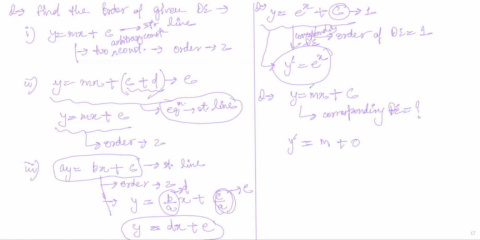But we have to differentiate it twice. Right? So in that case, we'll differentiate it again. Y double dash is equal to 0. So that is the corresponding differential equation, because the order must be two.